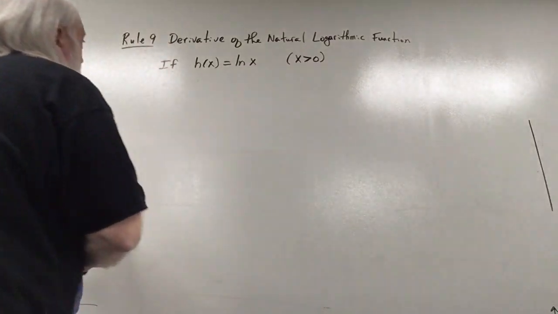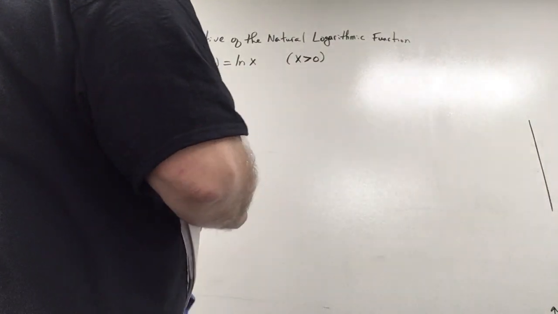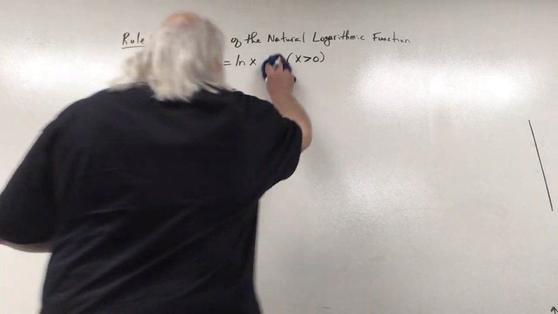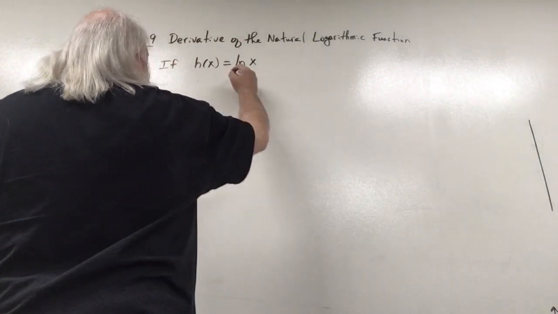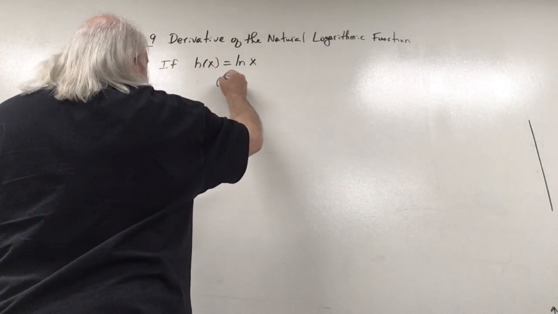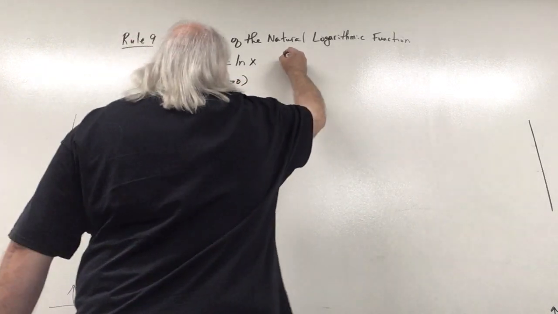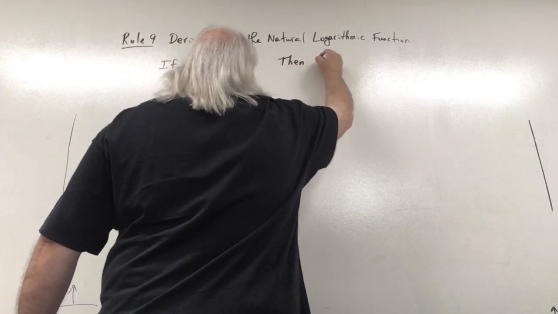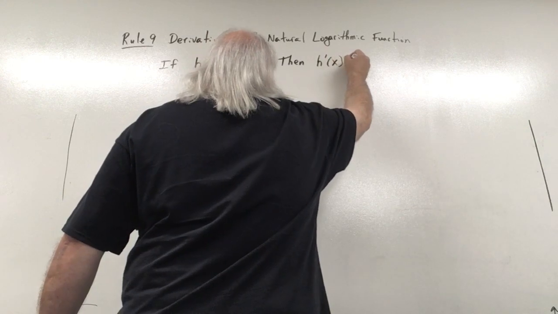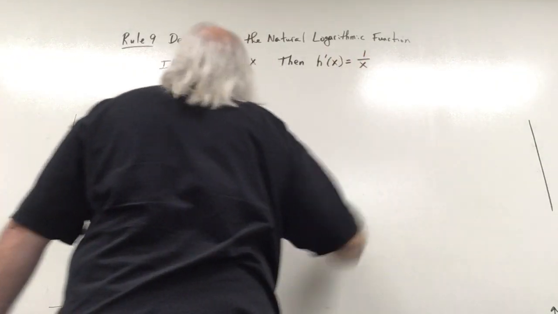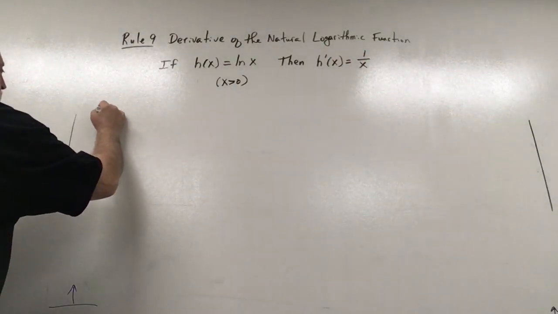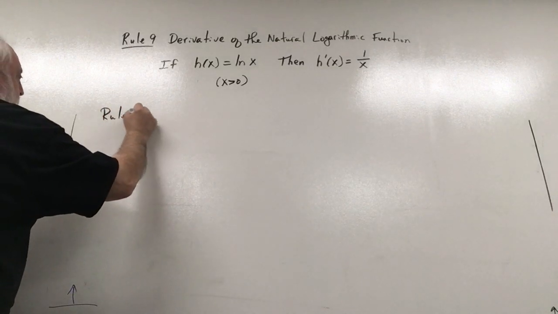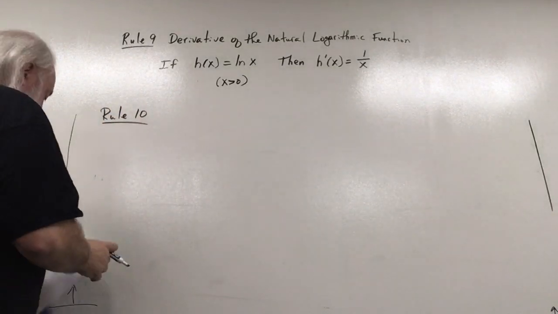So I'm going to leave rule 9 up here. If h of x is equal to the natural log of x, where x is greater than 0, then h prime of x is equal to 1 over x. Now rule 10, as I already said, complicates the situation.